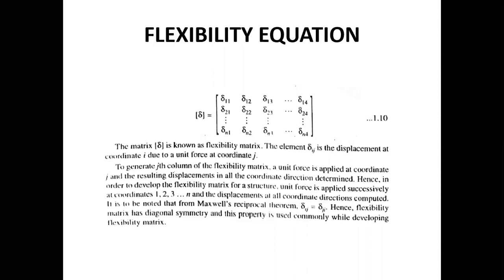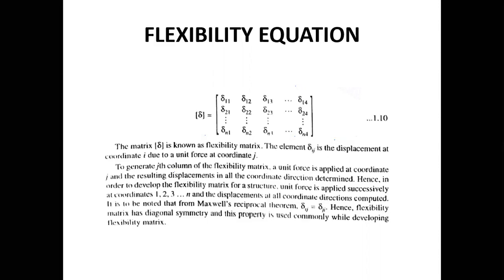In the flexibility matrix method, we depend upon the flexibility equation, and in this method the first step is to calculate the static indeterminacy. Then by the results we proceed further into the analysis using the flexibility matrix method.